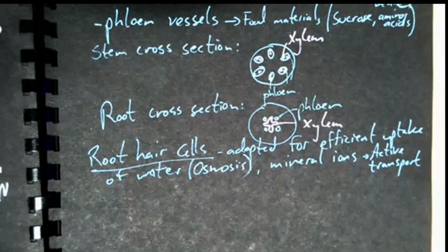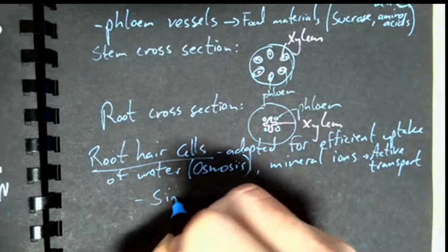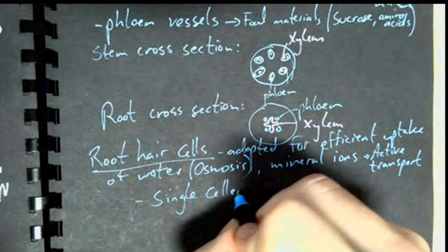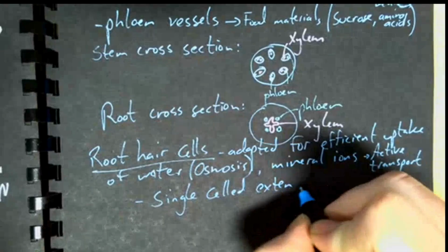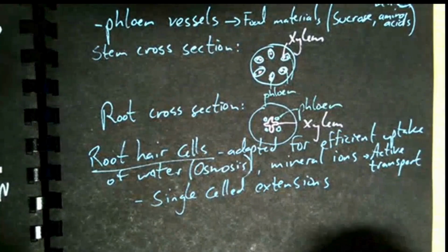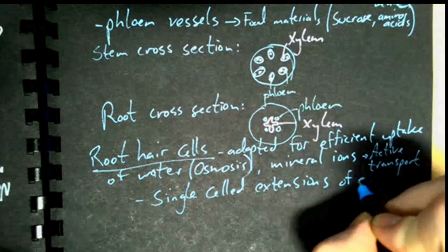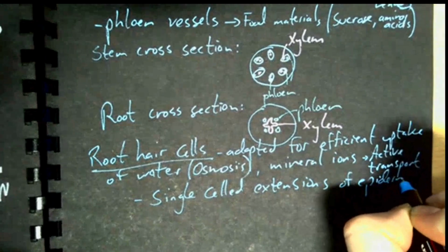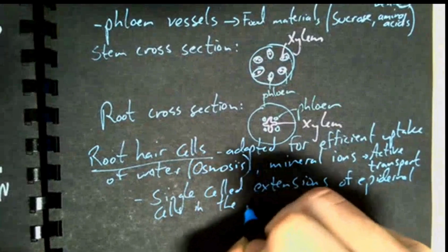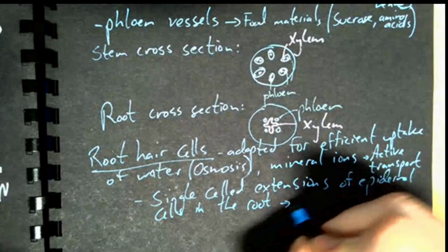So how are they adapted? Well, the root hair cells themselves are single-celled extensions of the epidermal cells in the root. And those projections increase surface area.